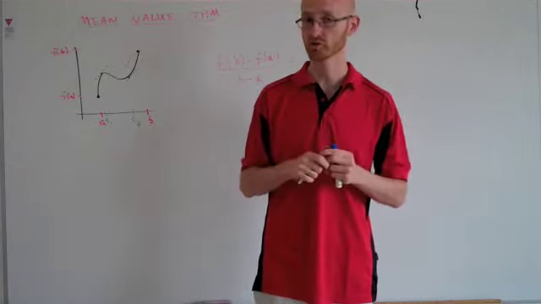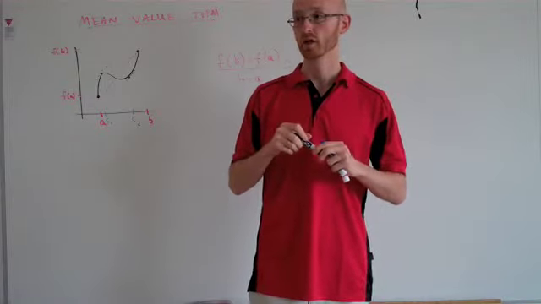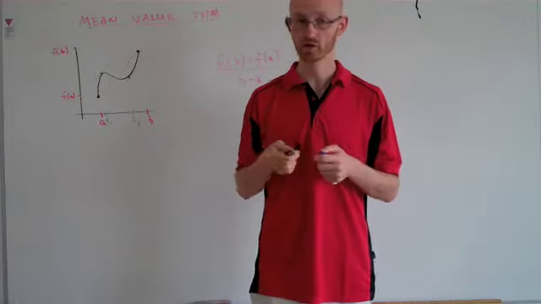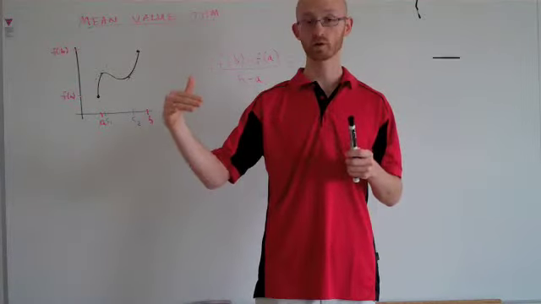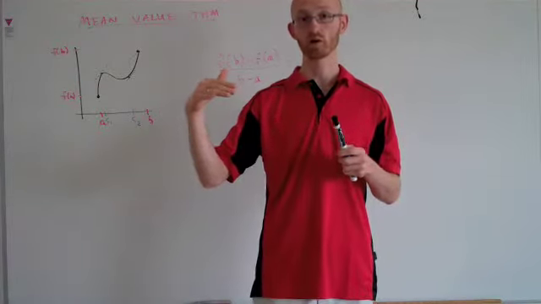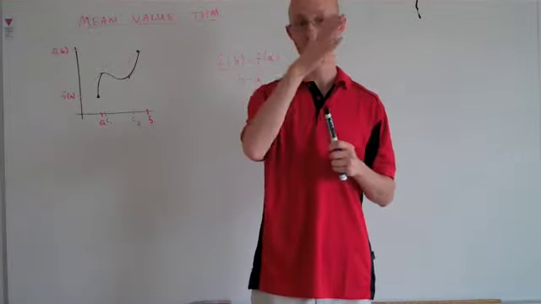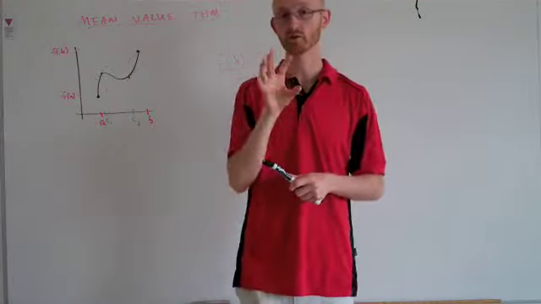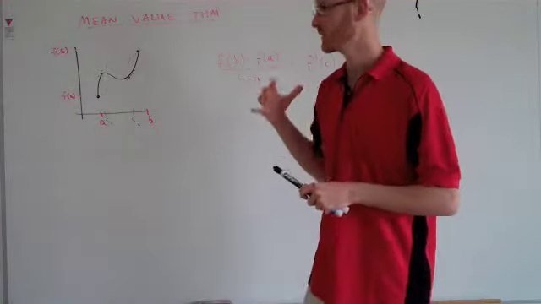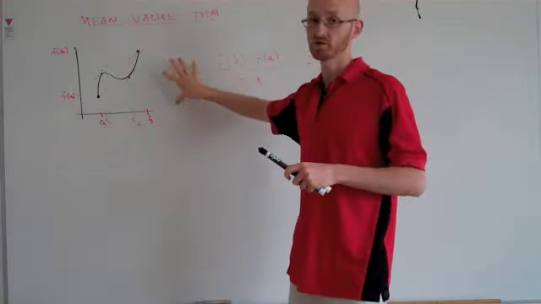That might sound very trivial to you, but I didn't have to be going 10 miles an hour for more than one instant. But for example, let's say for part of the trip I was going 5 miles an hour. Well, at some point I'll have to go faster than that to average myself out and give myself an aggregate of 10 miles per hour. So this mean value theorem guarantees that.